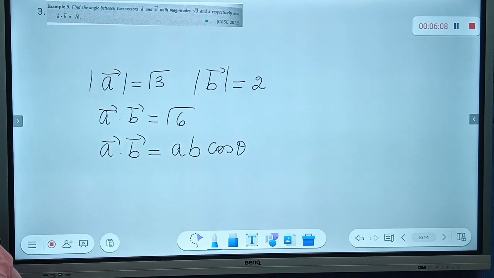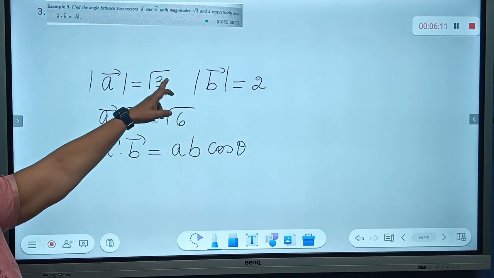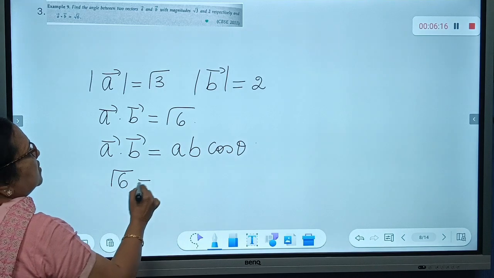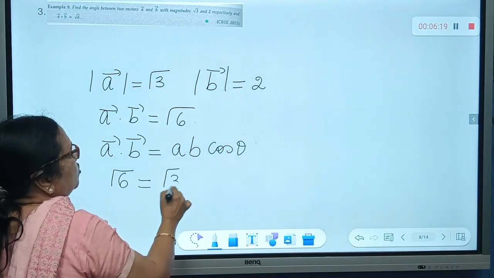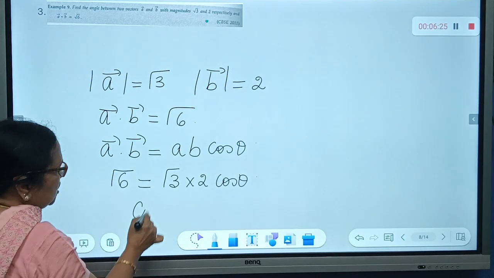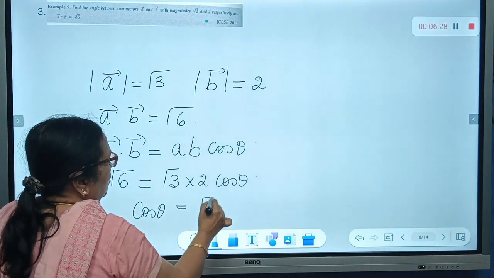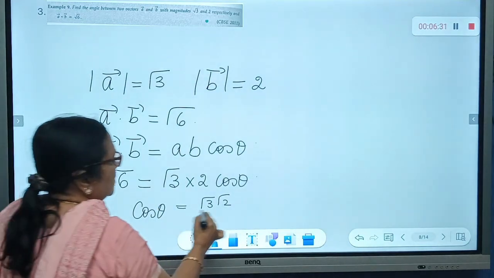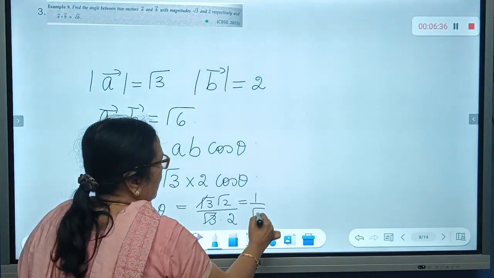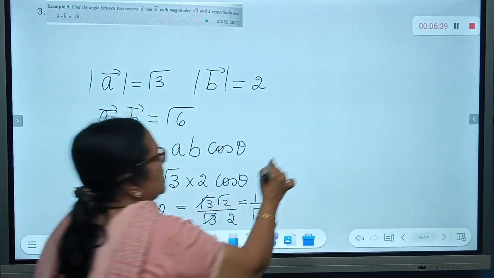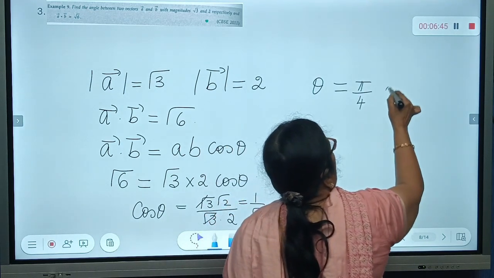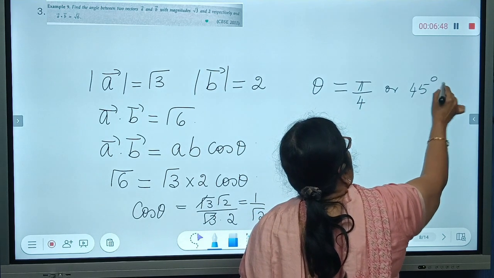You are asked to find the angle between the two vectors, that is, theta. So cos theta is equal to root 6 by root 3 into 2, which is 1 by root 2. This implies theta equals pi by 4 radians or 45 degrees.